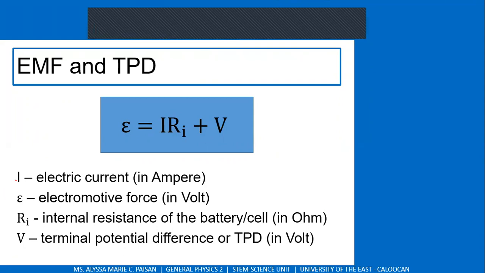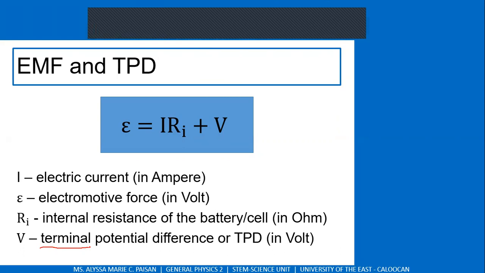So again, the I is the electric current in ampere, the epsilon is the electromotive force in volt, R sub I is the internal resistance of the battery or cell in ohms, and V is the terminal potential difference or TPD. So para further ma-differentiate pa natin si electromotive force at si potential difference, in some references, the V is also called terminal potential difference.